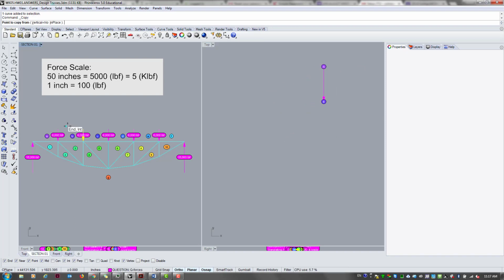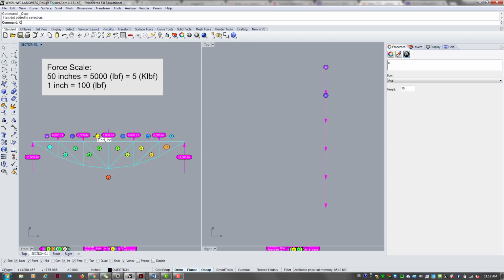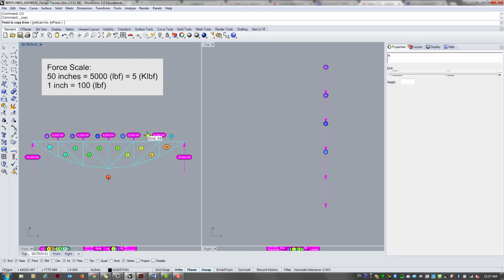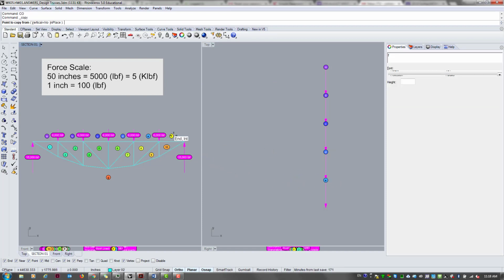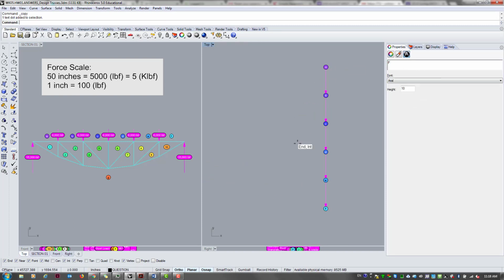Next one is the same, BC, CD, DE, 1, 2, 3, 4, 5, EF. So it should read A, B, C, D, E, and F. And they should be all capital letters.